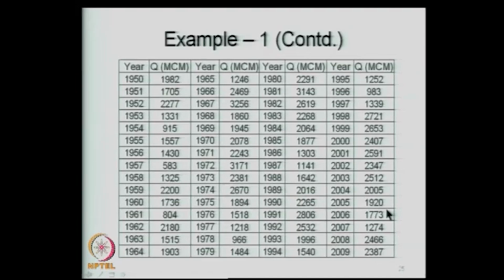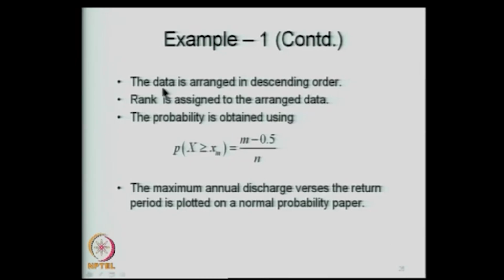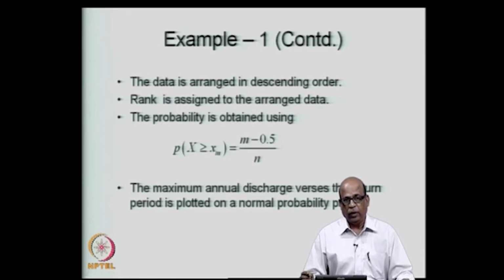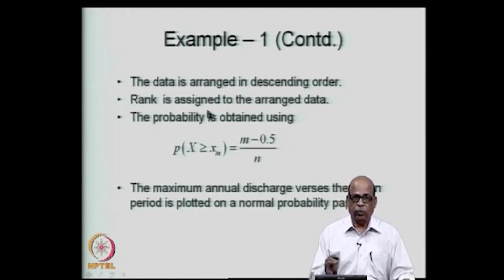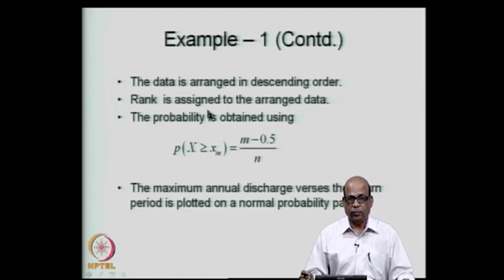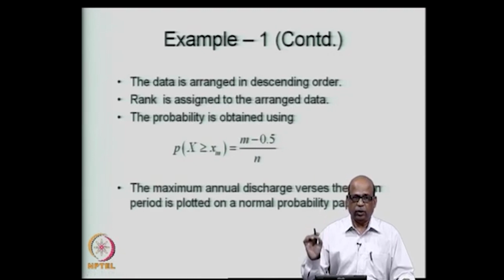What we do is arrange this data in decreasing order, that means the highest value first and the lowest value last. So, first the data is arranged in descending order, and we assign ranks to each of the data, that means rank number 1 to the highest value, rank number 2 to the next highest value, etcetera, rank number n to the last value.